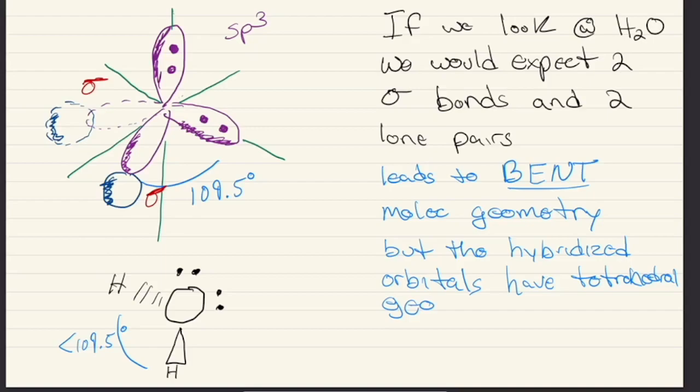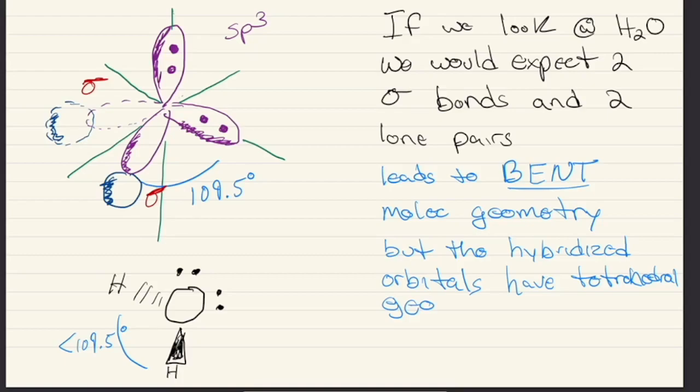Now, if we drew this utilizing our wedges and dashes, we should recognize that the hydrogen will be coming out of the page, the other hydrogen will be into the page, and the lone pairs I have left in the plane of the page, if you will. Okay. And this is bent molecular geometry, right?